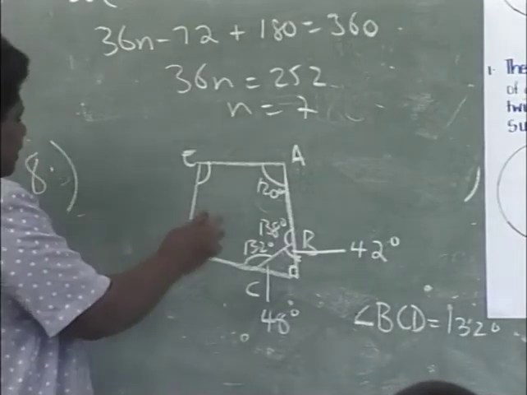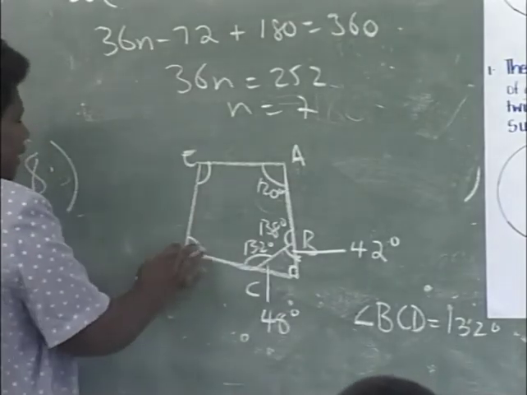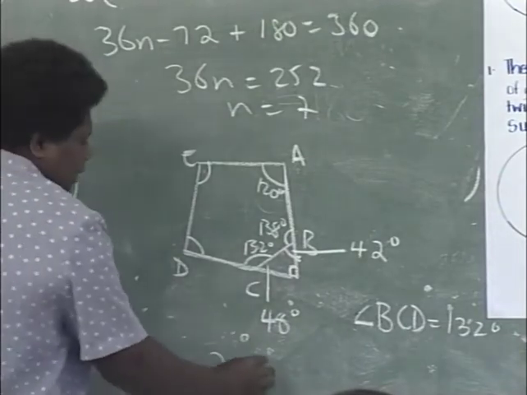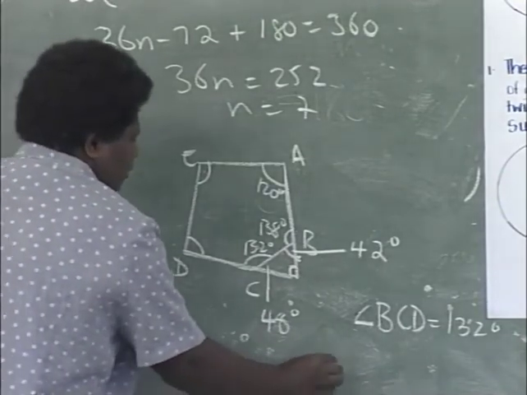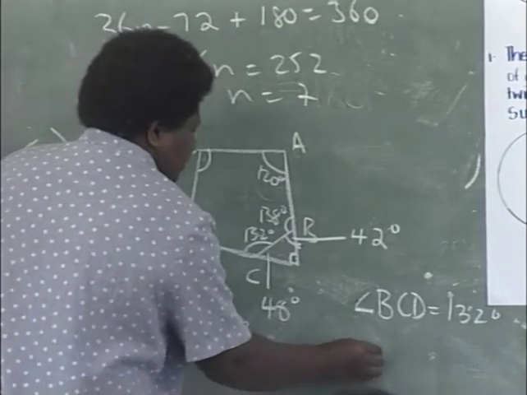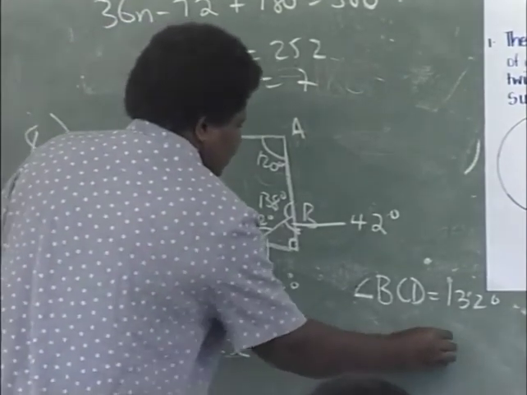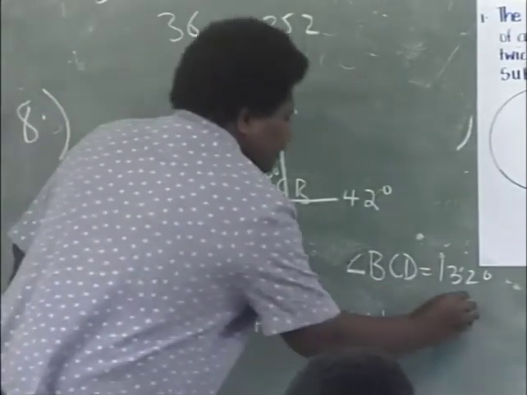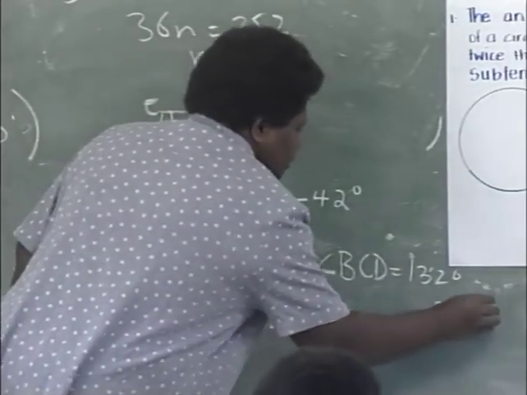You're then asked to find angle E. Since angle E and angle D are equal, if I can call them X, 2X plus 132 plus 138 plus 120, those are the angles of a pentagon. That's equal to 540 degrees.